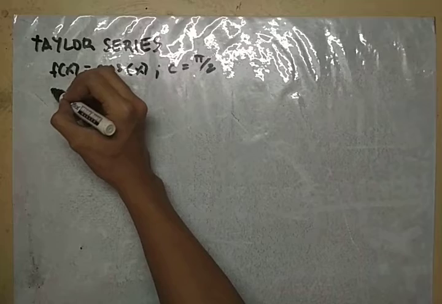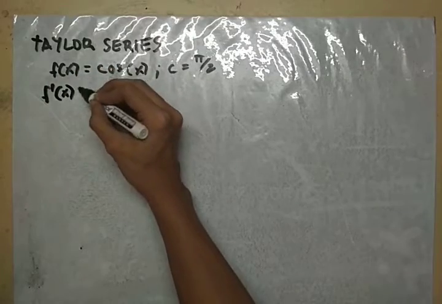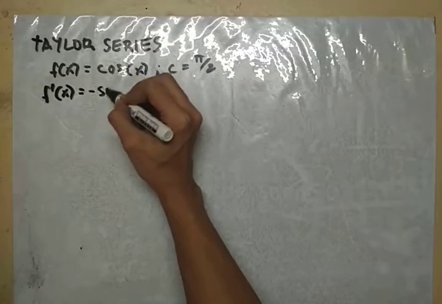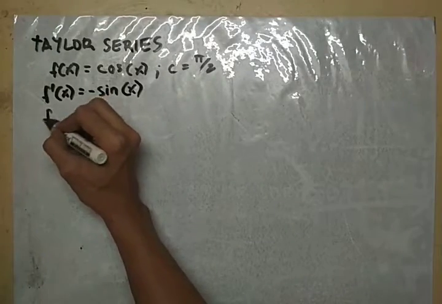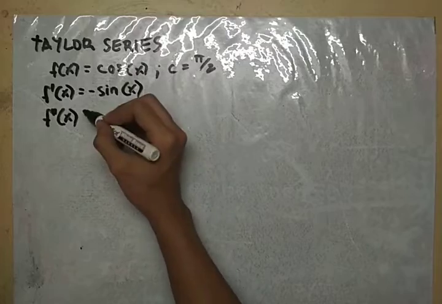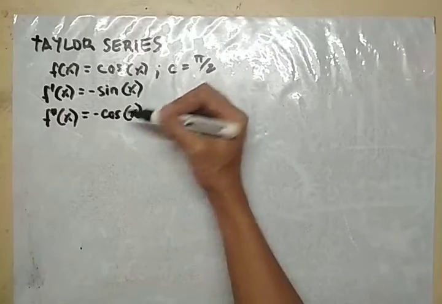So we have f prime of x is equal to the derivative of cosine, so we have negative sine of x. Next, f double prime of x is equal to negative cosine of x.